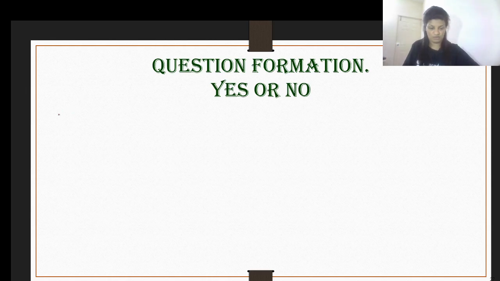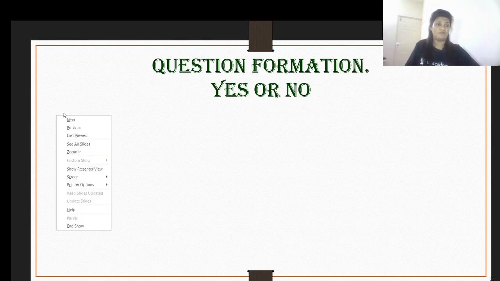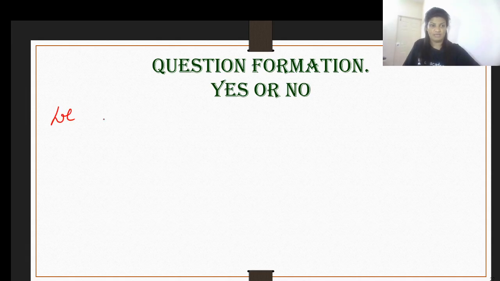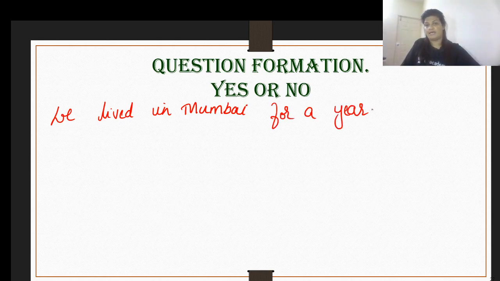With your other example, that is, we lived in Mumbai for a year. How will we convert this into a yes or no question? By inserting the word did.